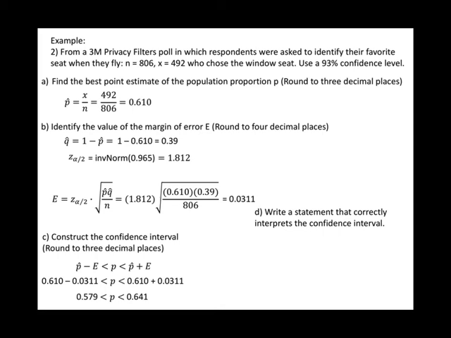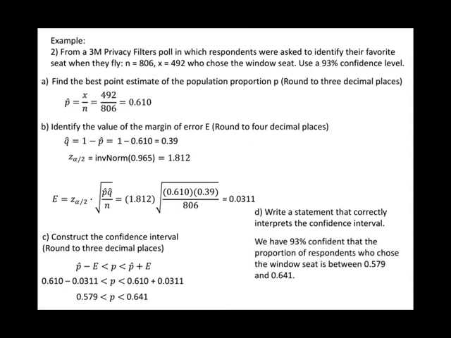You should get 0.579 to 0.641 here. And then conclusion: we are 93% confident that the proportion of respondents who choose the window seat is between these two numbers.